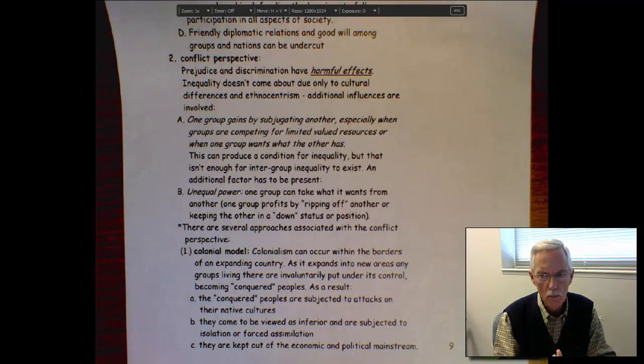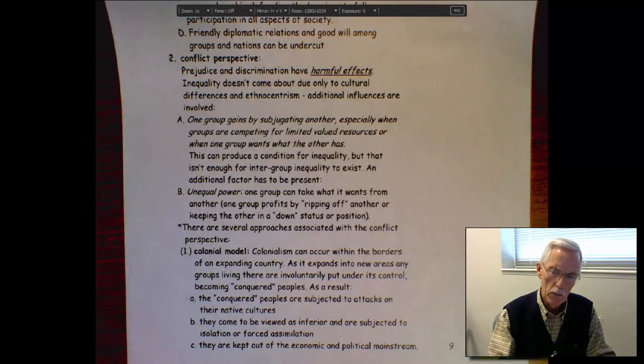As you can notice on page 9 in the study guide, this model argues that prejudice and discrimination have only harmful effects, no real beneficial ones. Through prejudice and discrimination, the dominants seek to protect or to increase their privileges and resources.